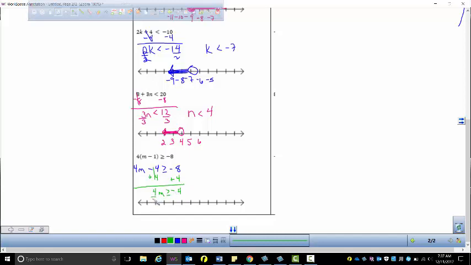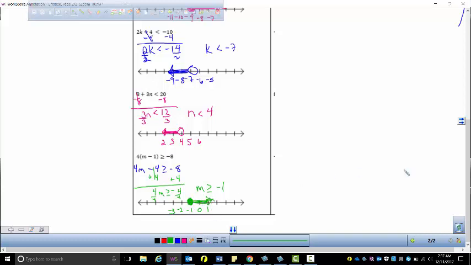And then I would divide by 4. So I have m is greater than or equal to negative 1. So I can put negative 1 here. This would be 0 and 1. This would be negative 2 and negative 3. And I put my circle at negative 1. It's filled in. And it goes to the right because it's greater than.